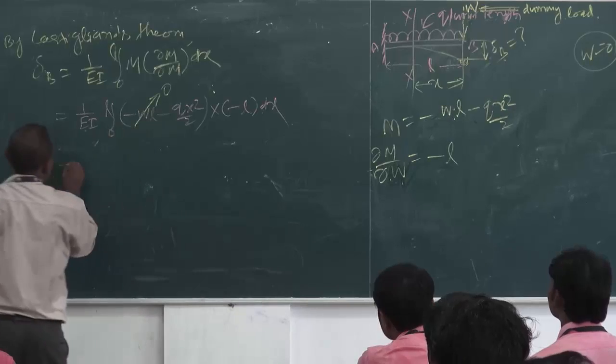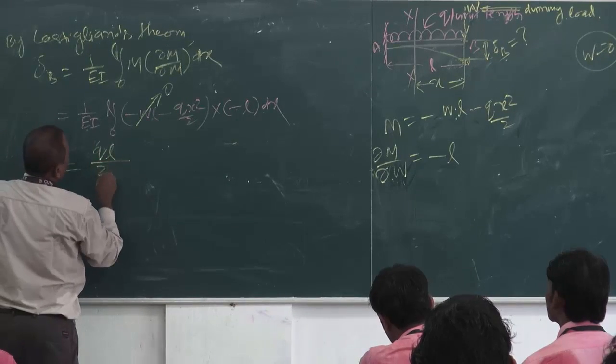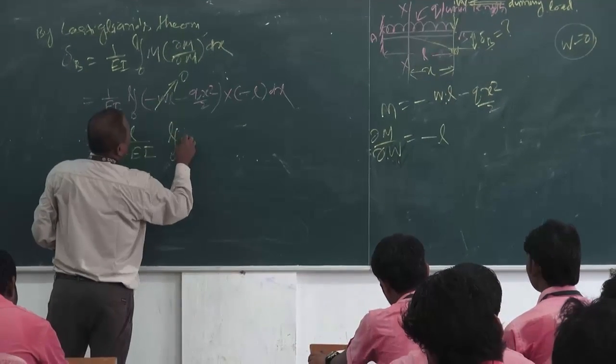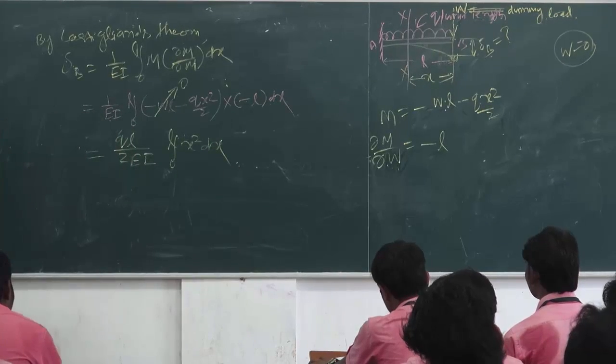So what is this value? This is minus, or minus minus is plus. It is qL by 2EI, and this is integral from 0 to L of x square into dx.